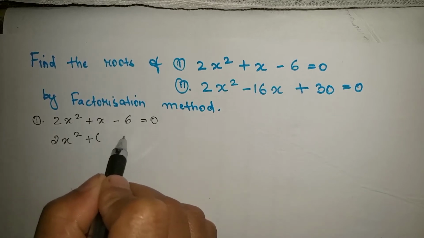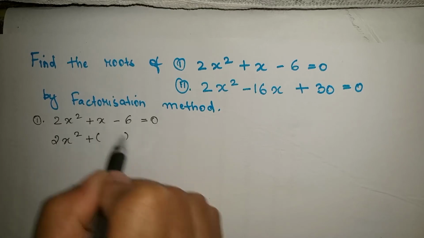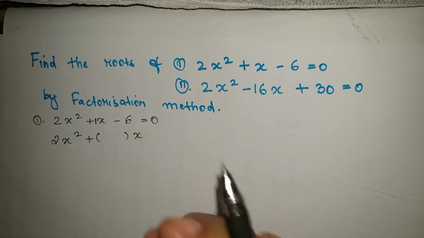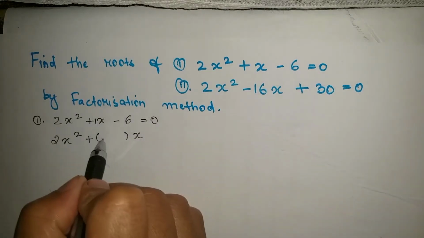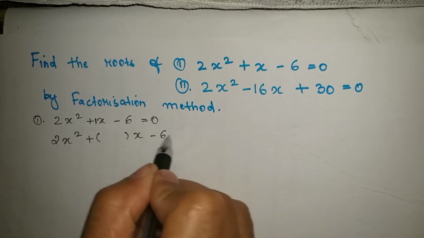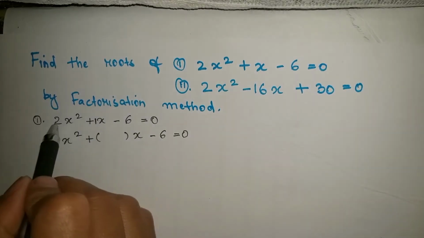I will not write anything, then I'll just give some space. X, here it should be 1. Okay, I'll write 1, minus 6 equal to 0.